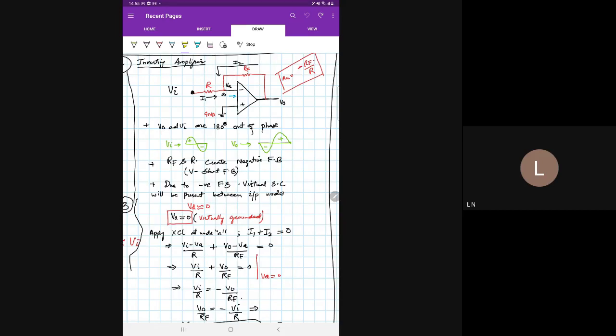Now, since we know VA is 0, if we substitute VA equal to 0 in this equation, we will be left with VI by R plus V output by RF is equal to 0.